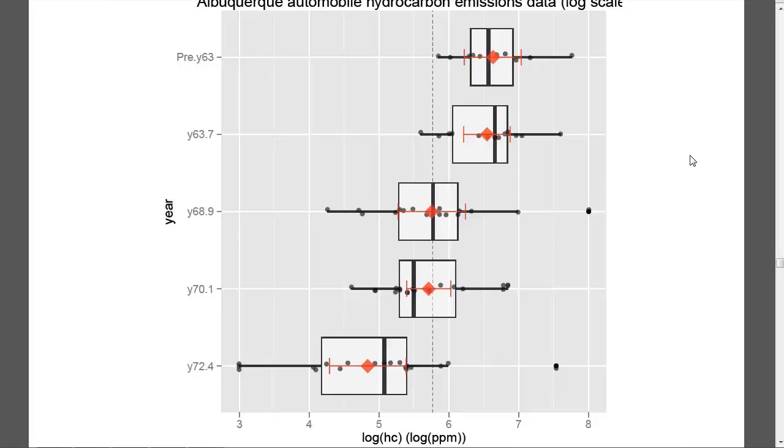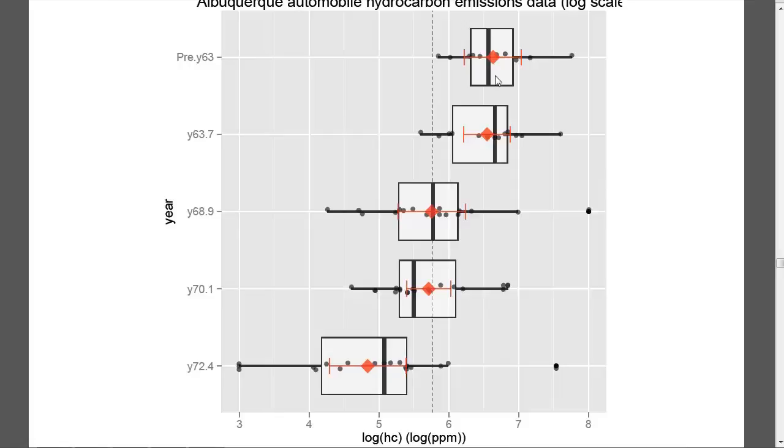Because we're looking at inference about the median, the center of the data, that median is in the same position in terms of the observations regardless of what scale you're on.